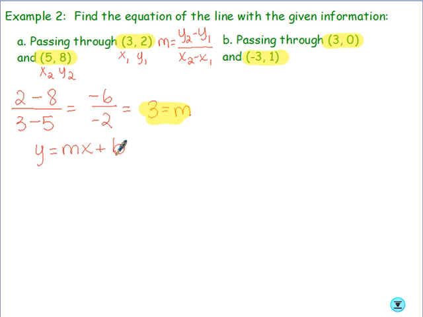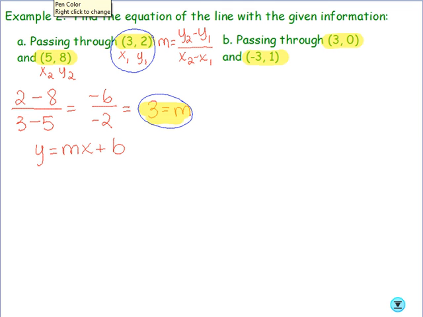Now, several people usually ask, how do I know which x and which y point to use from the very beginning? It doesn't matter. I have people who like to pick the smaller numbers. I have people who like to pick the positive numbers, as long as you pick the same pair. So I am going to use this first pair with my m.